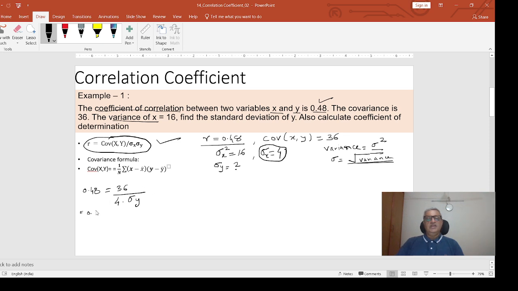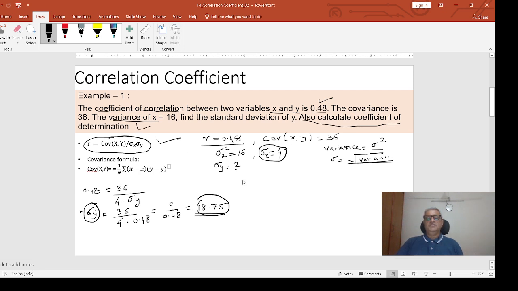Therefore sigma y is equal to 36 divided by 4 multiplied by 0.48, that is equal to 9 upon 0.48. That comes out to be 18.75. So the sigma y value is 18.75.